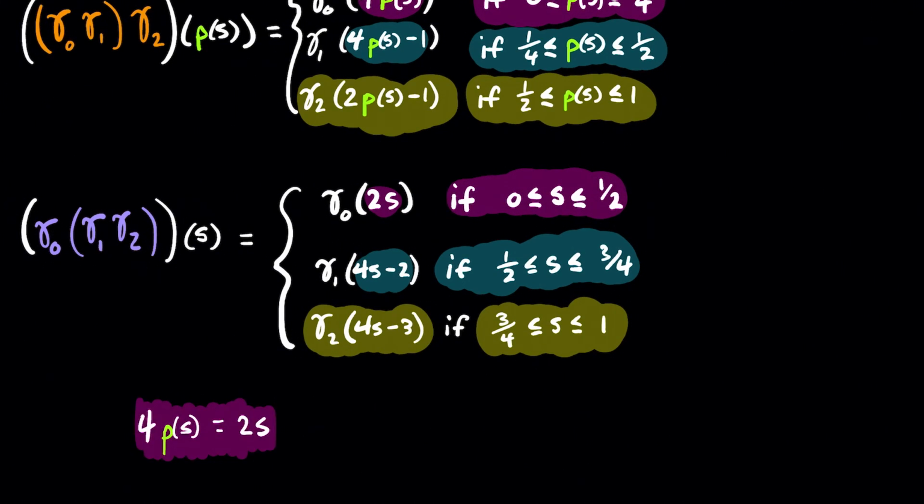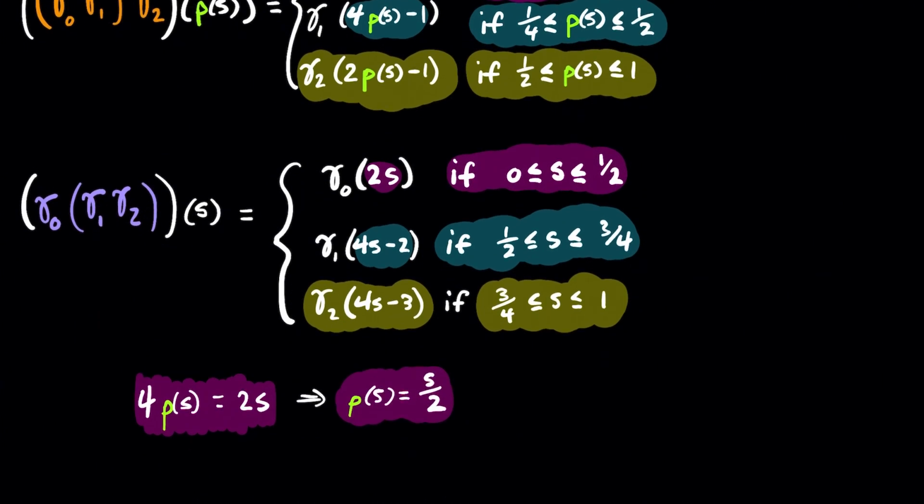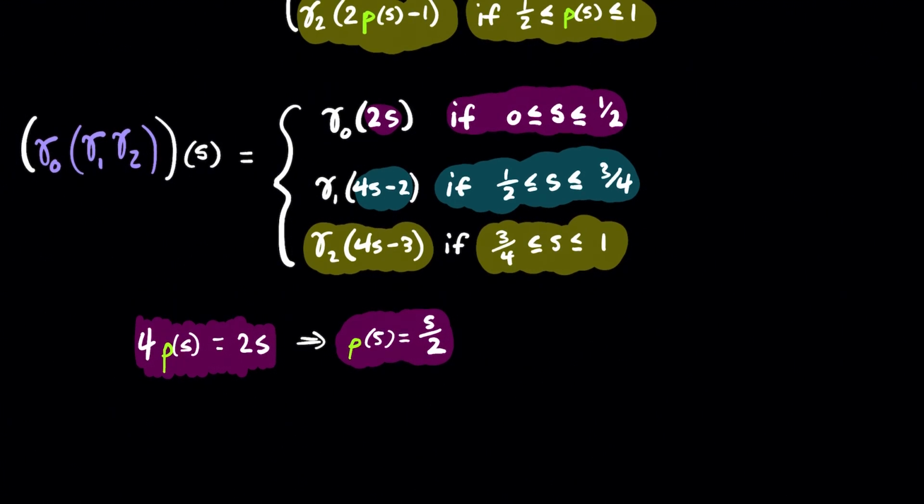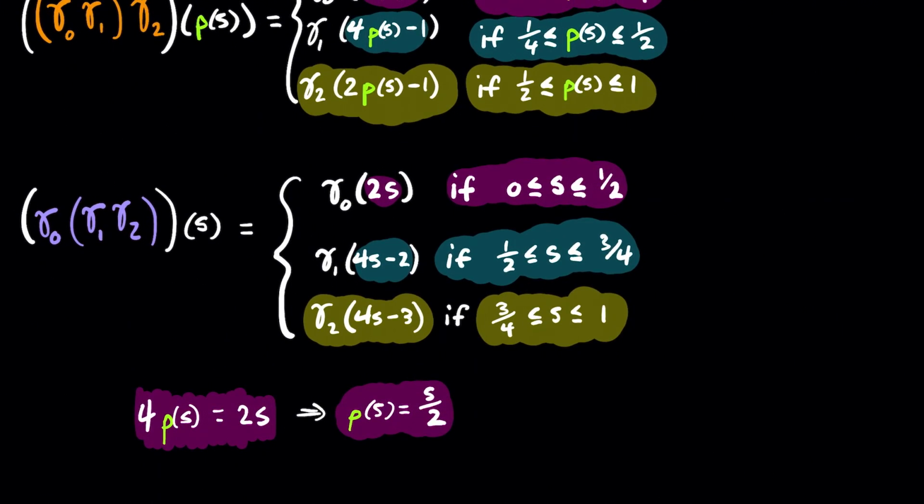If I demand that 4 times p of s, the first input from the orange function, is equal to 2 times s, the first input from the purple function, let's see what we get. We can solve that for p. So let's get our expression for p, and think about when this holds. If I scroll up a little bit, that's supposed to work whenever p of s is between 0 and a fourth.